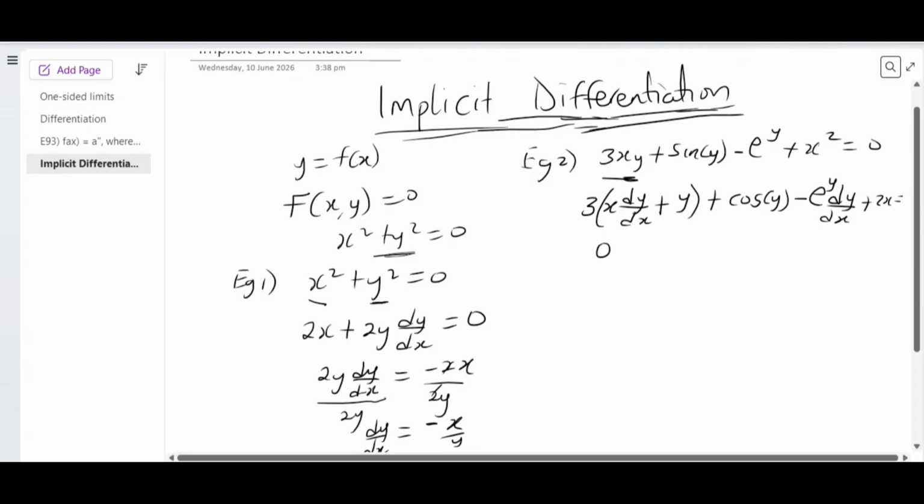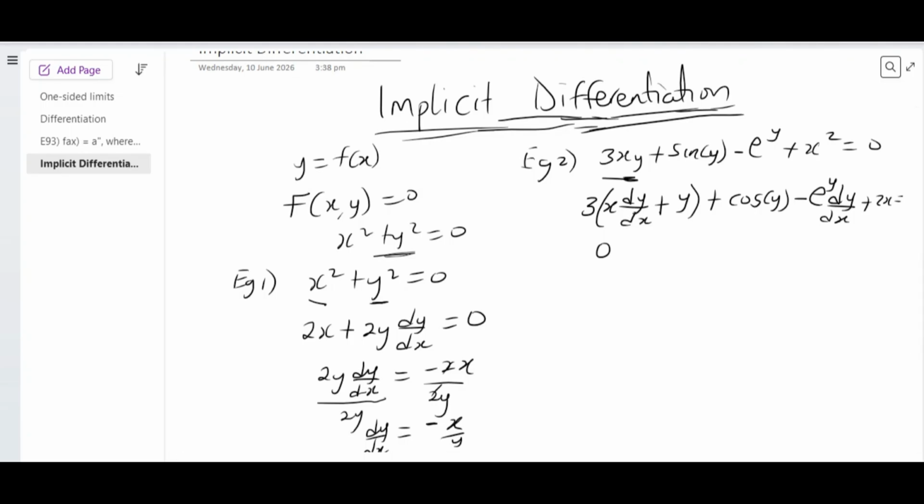So we differentiate each term separately. Then let me expand this bracket. So I'm going to have 3x dy/dx plus 3y plus cos y minus e to the power y dy/dx plus 2x equals 0. Now my aim is to solve for dy/dx.